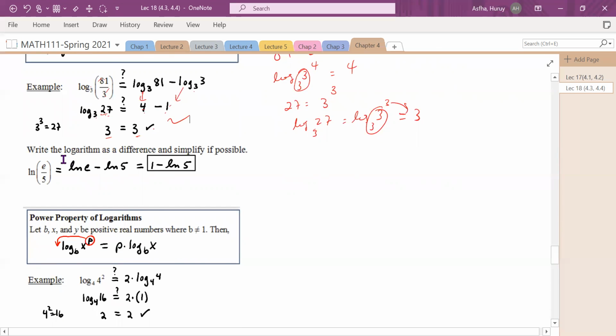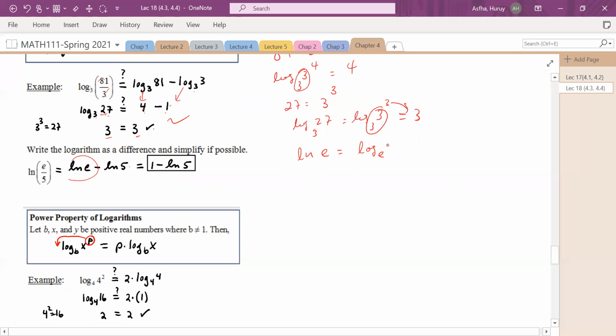And using the natural logarithm, ln of e over 5, again, I can apply that property because this is division. So we have ln e minus ln 5. Now, what is ln e? Well, ln e means log e to the base e. You don't need to write it this way, but just to see what we are doing.